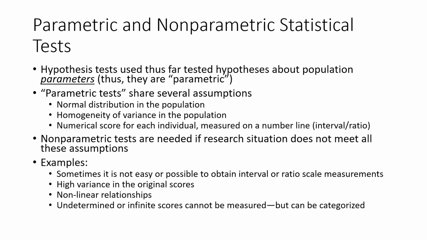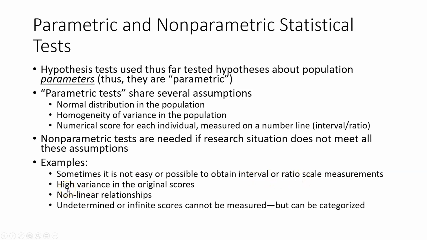If your dependent variable was the percentage of men and women, those are not measured on the interval or ratio scale. Male and female are categories, so that's a categorical measurement. And if you were using that as your dependent variable, then you would have to use a non-parametric test because you couldn't compute the average of males and females.